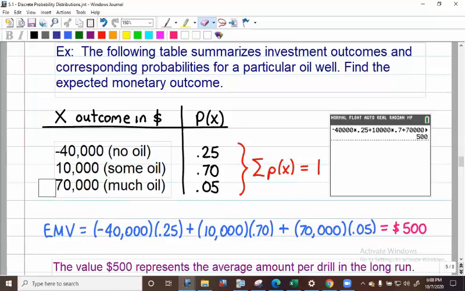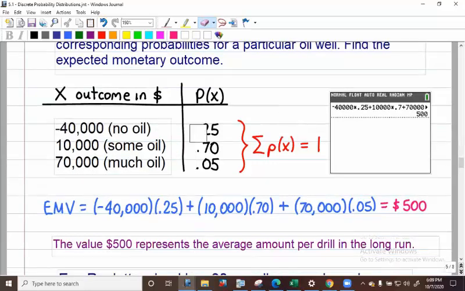And then we have a 5% chance that we profit 70,000 on this particular venture. And notice the probabilities all add up to 1. So that's valid. Like I said, if they give you a problem out of a book, unless they made a mistake, it should definitely add up to 1. It would have to be a big-time mistake. So let's calculate the expected value of this venture.